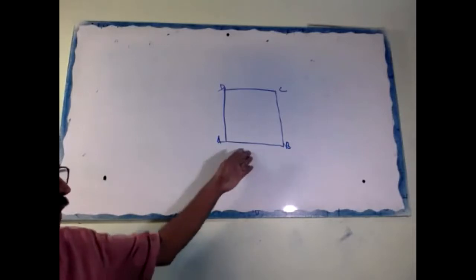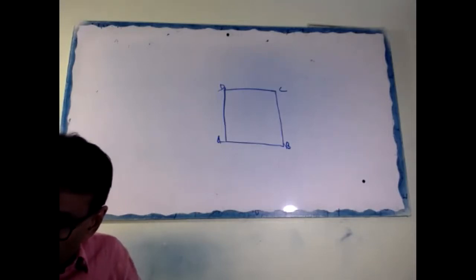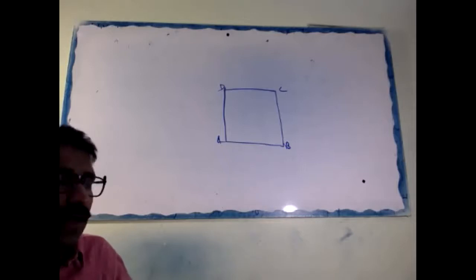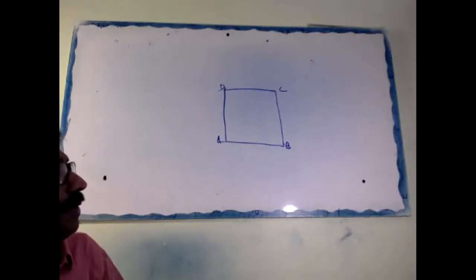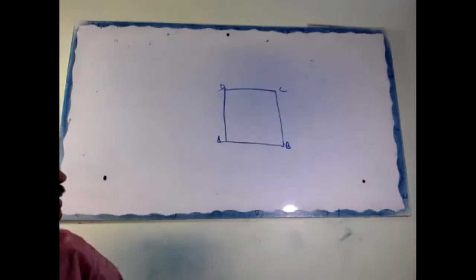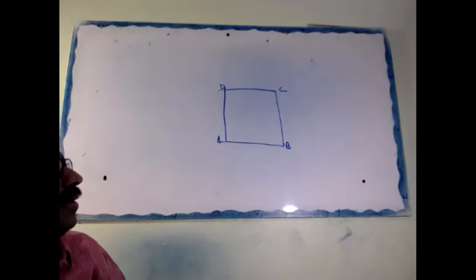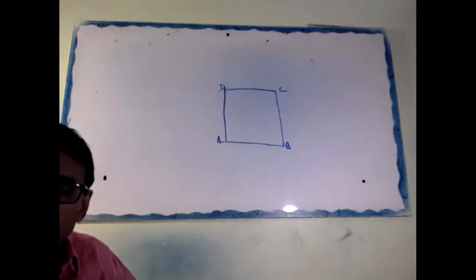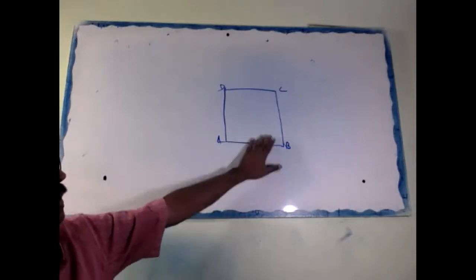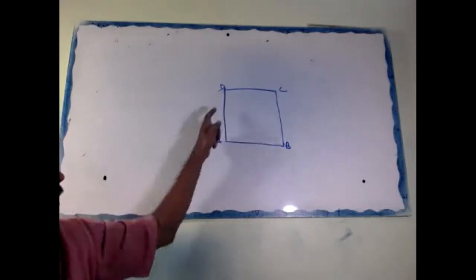Okay, so right now, ABCD is a square in which AB is parallel to DC, AD is parallel to BC, and AB equals BC equals CD equals DA.